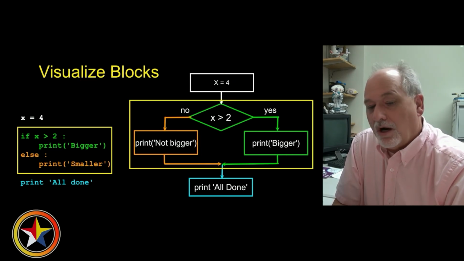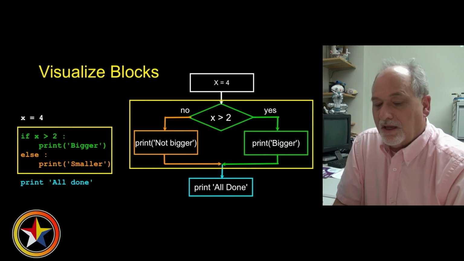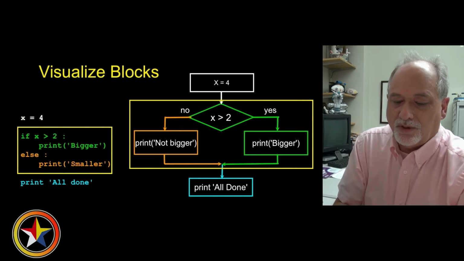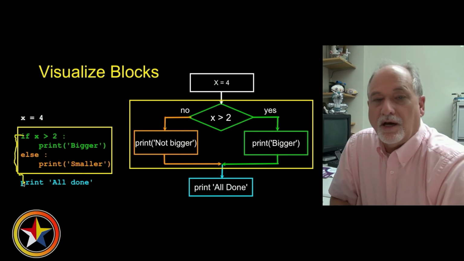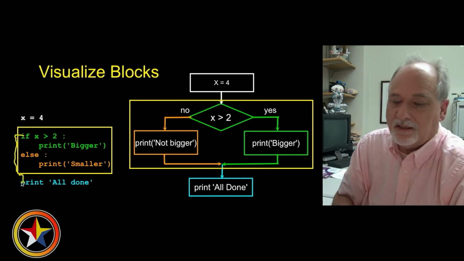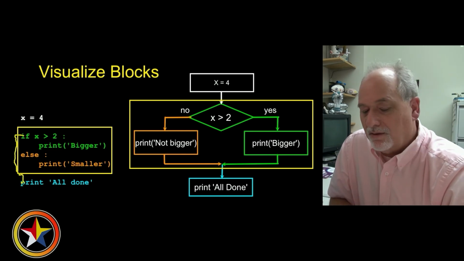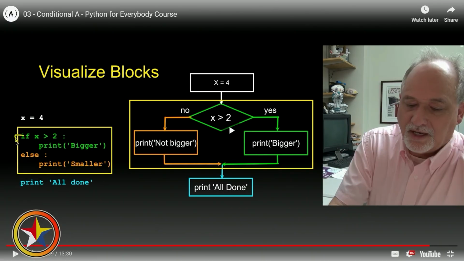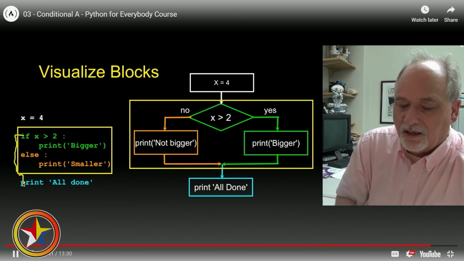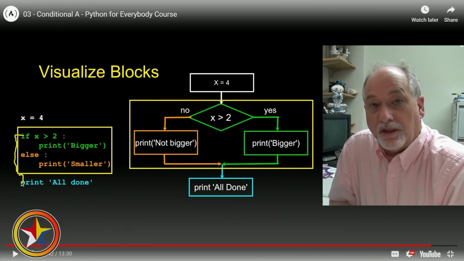And again, you sort of draw these blocks around these things mentally, and in this one you take from the if, and the else is really part of the block, up to but not including that print, which is de-indented back to the same level as the if statement. All right. So all he's saying here is that this else is part of the if block.